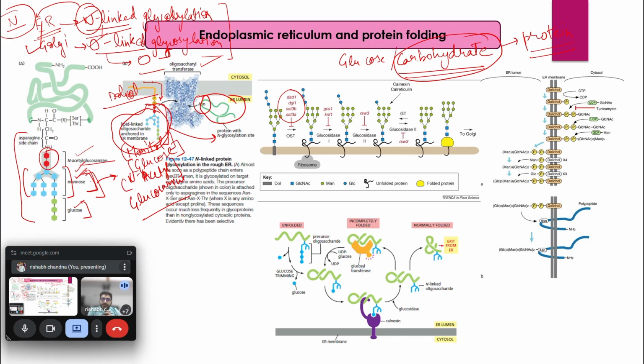Likewise, whenever there is a need, the cell translocates that particular enzyme to the compartment. So the major site for carbohydrate production is not RER, it's the cytoplasm. But because it's needed here, the major enzymes are present here.